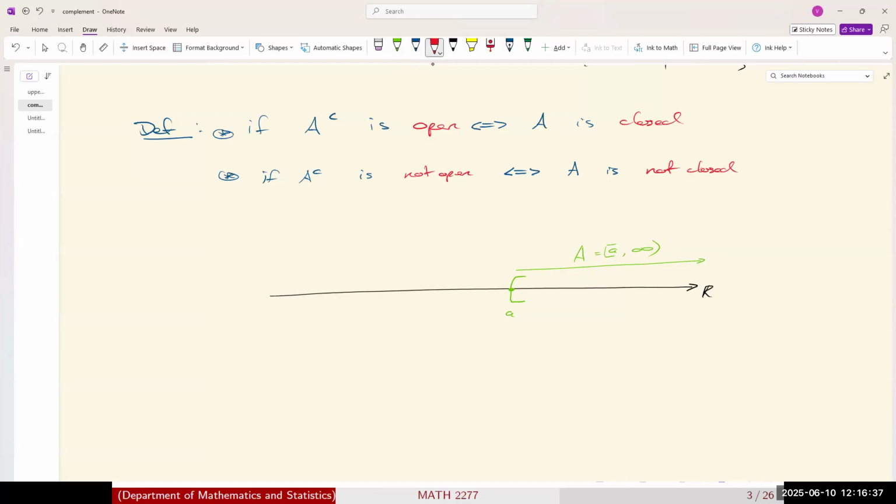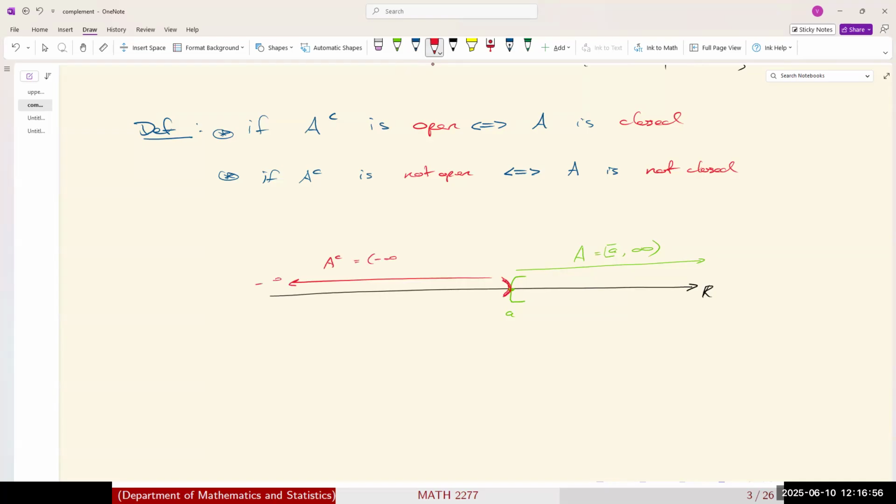So what do we do? We look at the complement. So the complement is everything outside of this set. So the complement is like this. So it's open here, right? Open here, and everything goes back. So the complement, A complement, is minus infinity, right?